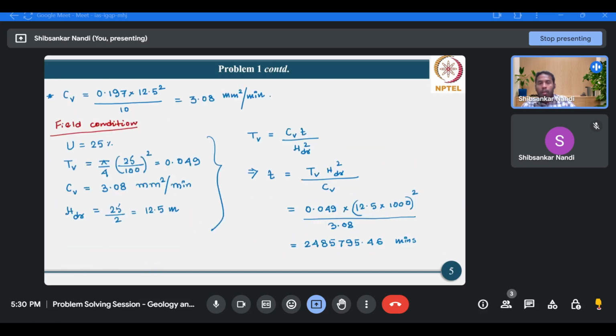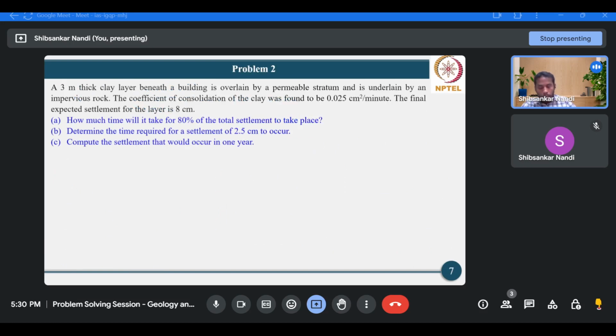Now we'll take problem 2. This is related to a 3-meter thick clay layer beneath a building, which is overlain by a permeable stratum and underlain by an impervious rock. The coefficient of consolidation of the clay was found to be 0.025 centimeter square per minute.